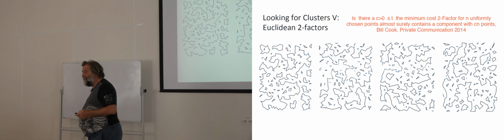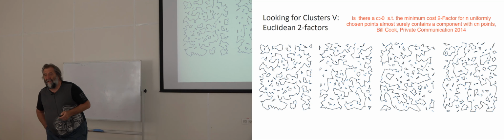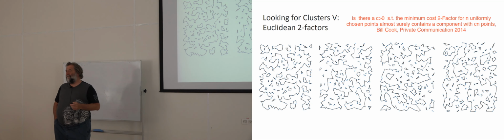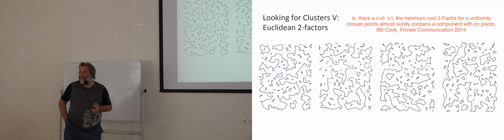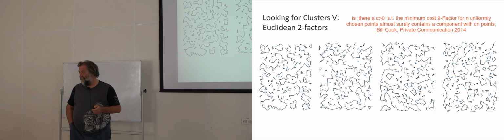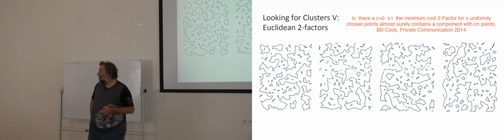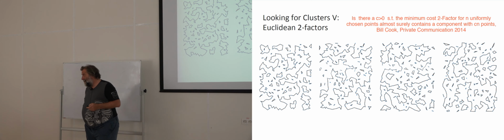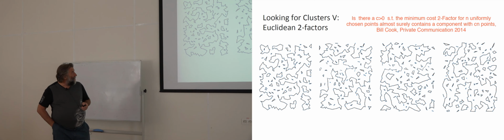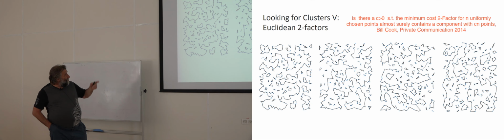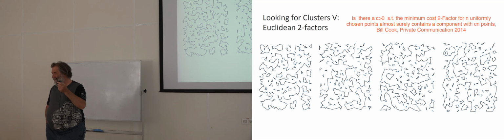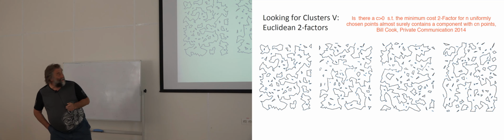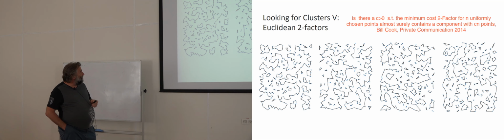A good friend and colleague of mine, Bill Cook, together with David Applegate, Bill Bixby, and Vasek Chvátal, they have the fastest code for the traveling salesman problem. They solve million-city problems. And in solving the traveling salesman problem, the actual difficulty really is showing they have the optimal solution. Usually, actually finding the solution is not as hard as showing that it's the optimal solution.